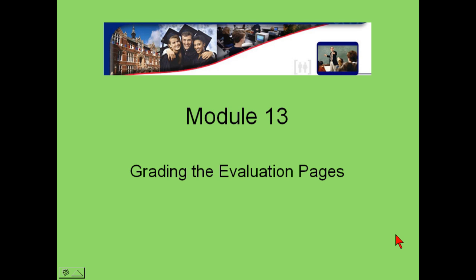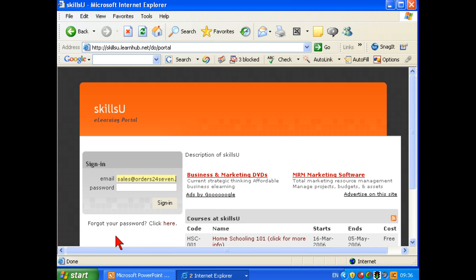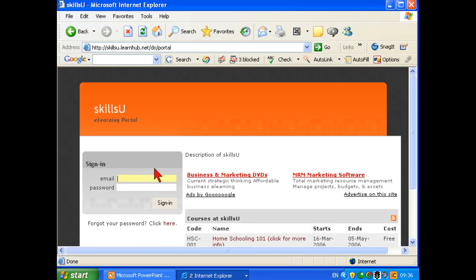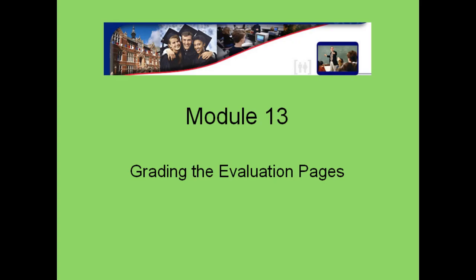Module 13, grading the evaluation pages. Evaluating students is really easy. Because you've entered the correct answers when you built your evaluation pages, multiple choice and true or false questions are graded automatically, and the marks and the course final are calculated automatically.